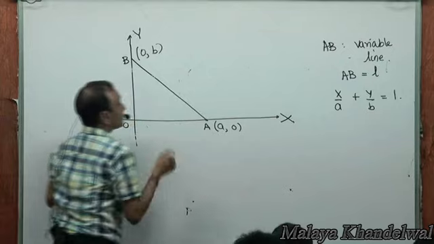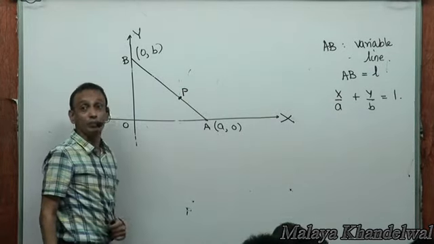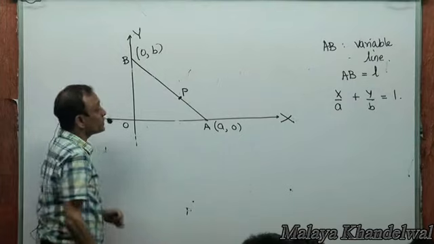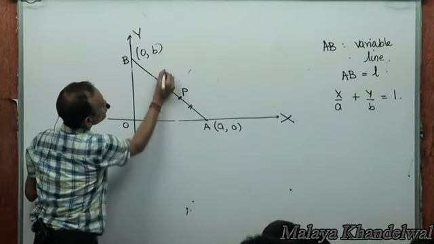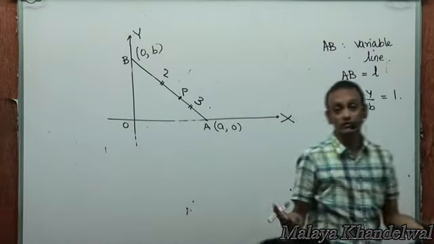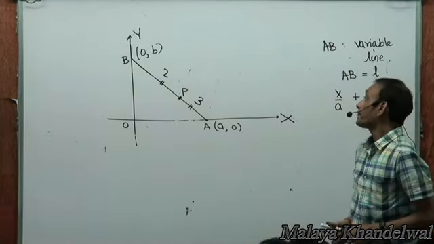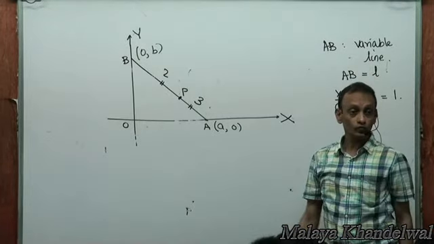Now, I have a point P on this trajectory, which divides AB in the ratio 1:3, say, or 2:3. Say 2:3. P divides AB in the ratio 3:2. Okay.